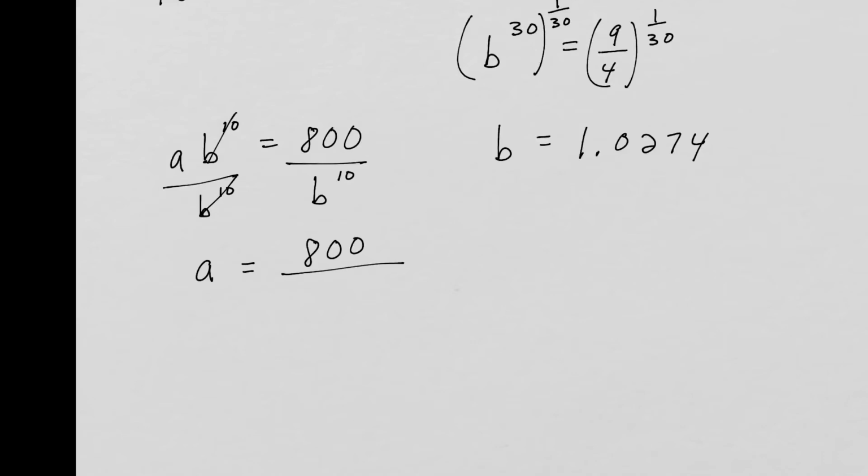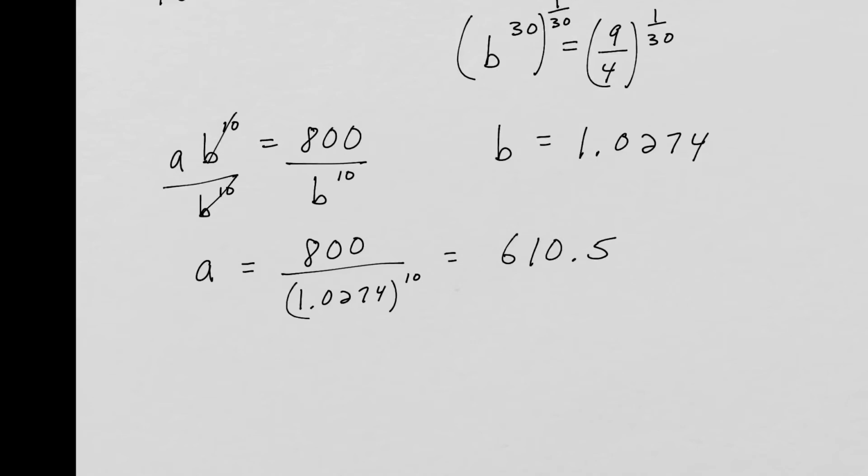But I know what b is. b is 1.0274. So I want to raise that to the 10th power. So you'd plug that into your calculator, and you should get 610.5. Since bacteria have to be an integer number, you could maybe just round that up to like 611 if you wanted. But for now, I'm just going to leave it as 610.5.